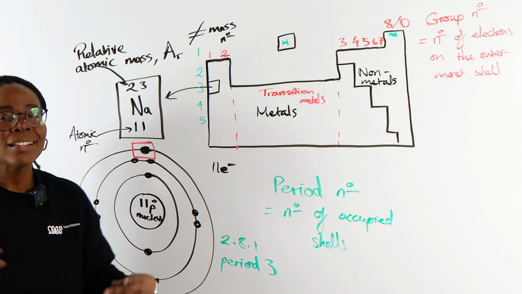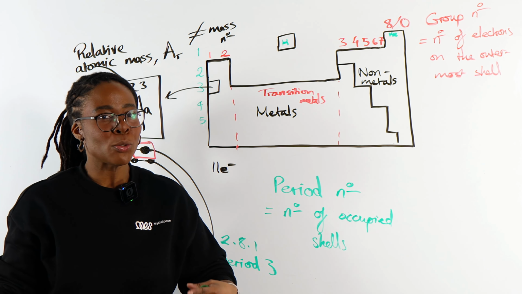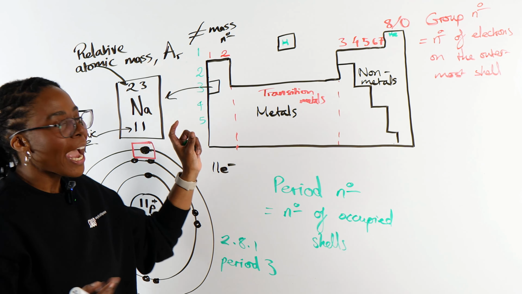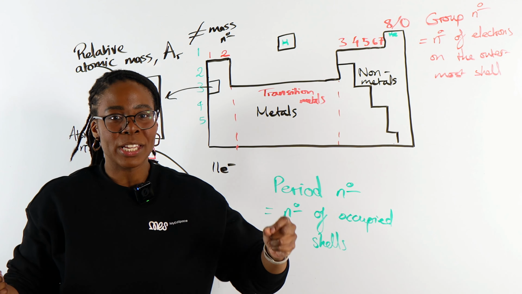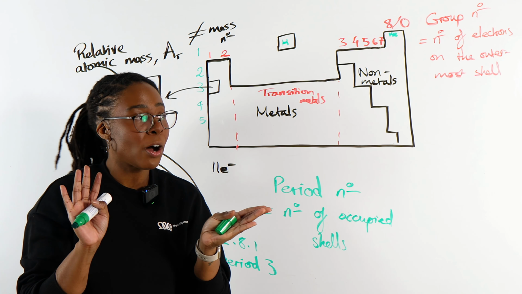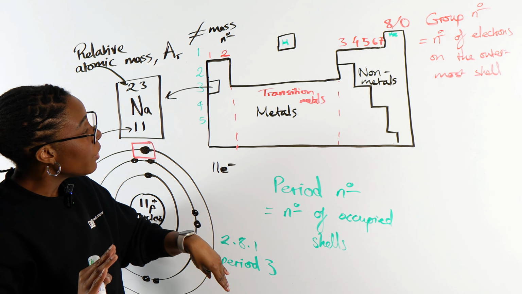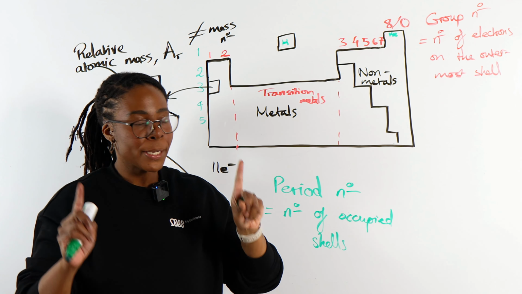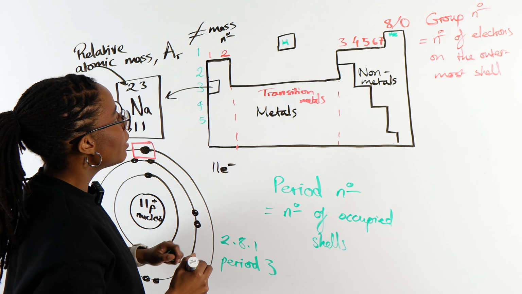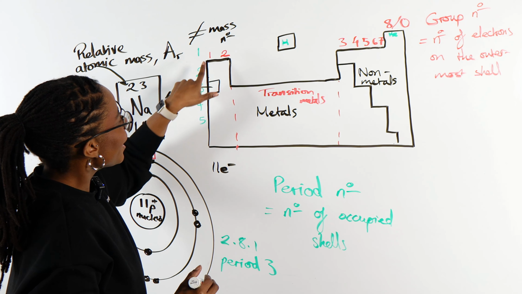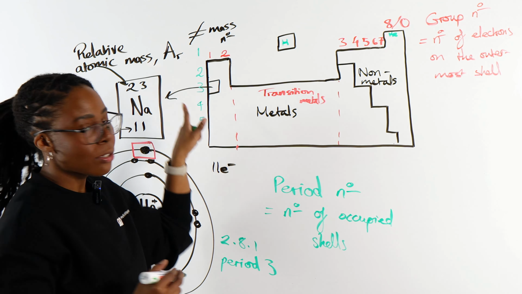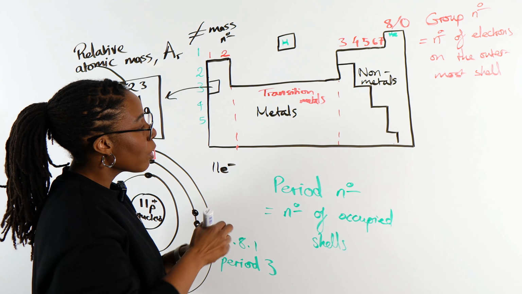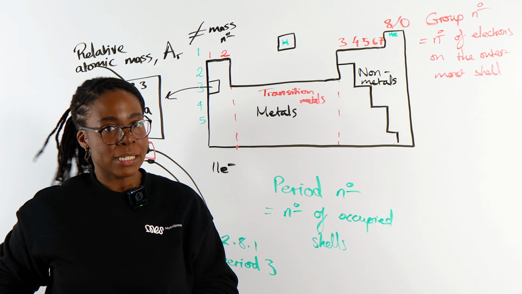Okay, again, less useful when it comes to bonding because we care more about the valence electrons or the electrons on the outer shell that are involved, but the number of periods can tell us a lot about the reactivity because as we go down any particular group, if they have the same number of electrons on their outer shell, then they are going to have similar reactivity.